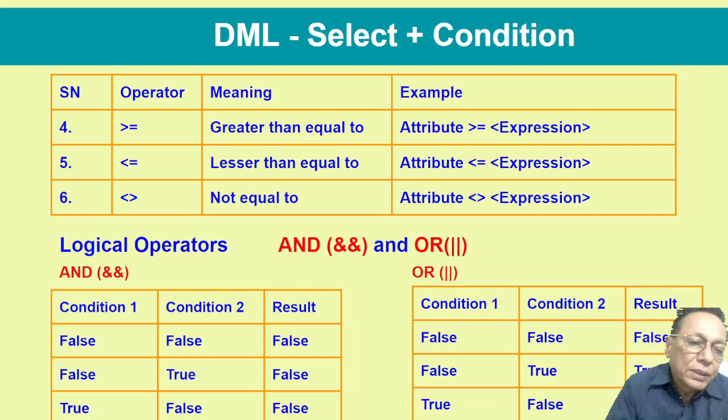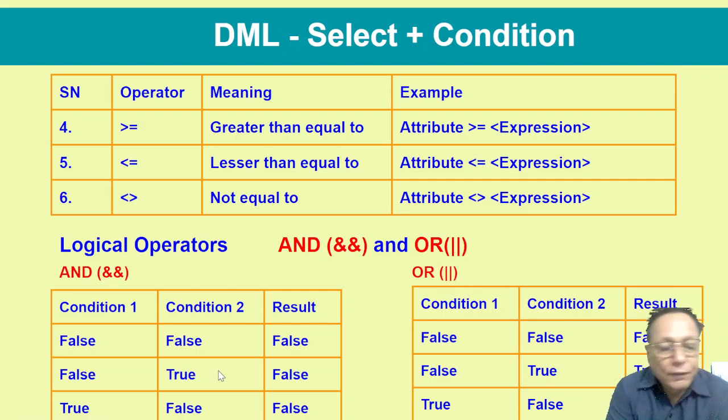If you are combining the conditions using AND, and both the conditions you have taken are false, the result will be false, meaning the result will not be displayed. If one is false and the second is true, again the result will be false.